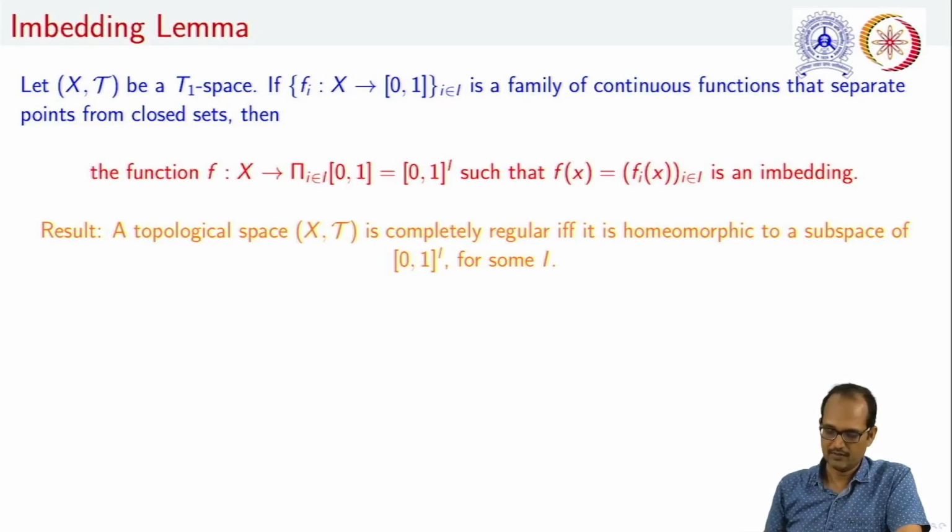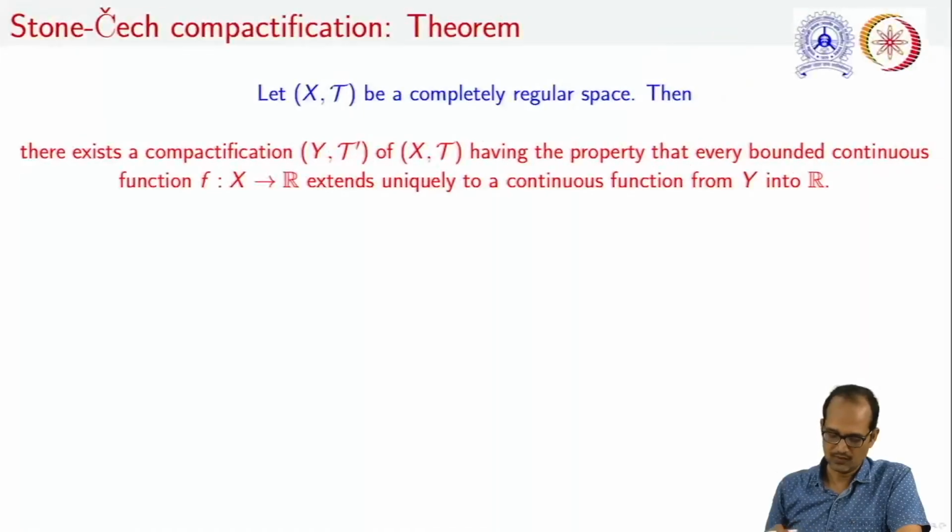Now, let us use this lemma and try to see the Stone-Cech compactification of a completely regular topological space. We begin with this theorem, which guarantees the existence of a compactification of a completely regular space.